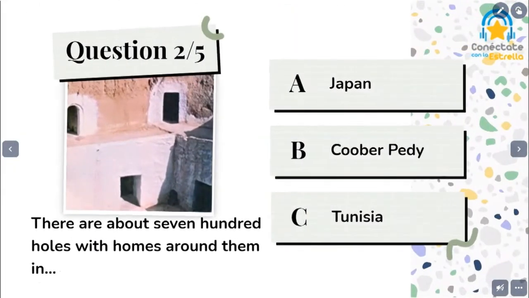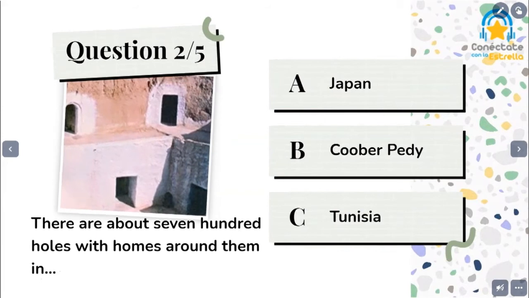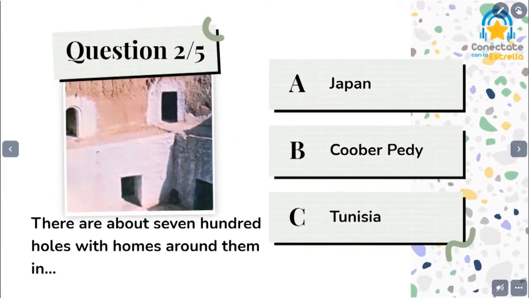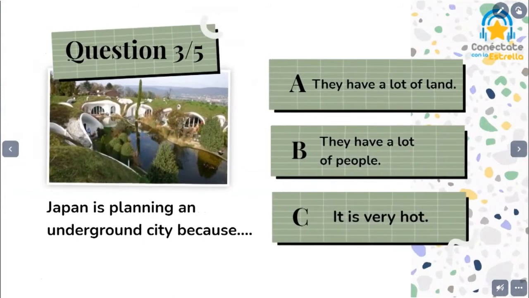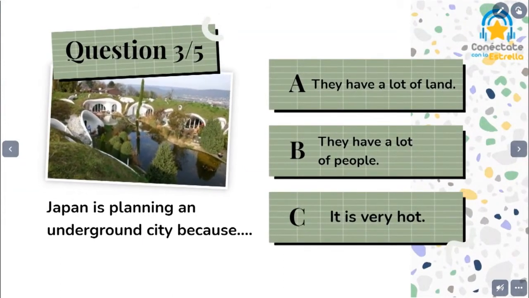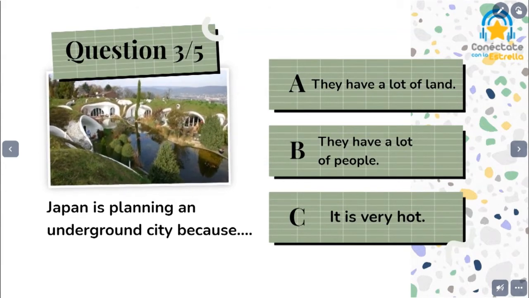There are about 700 holes with homes around them in A, Japan, B, Coober Pedy, or C, Tunisia. C, Tunisia. Japan is planning an underground city because A, they have a lot of land, B, they have a lot of people, or C, it is very hot.